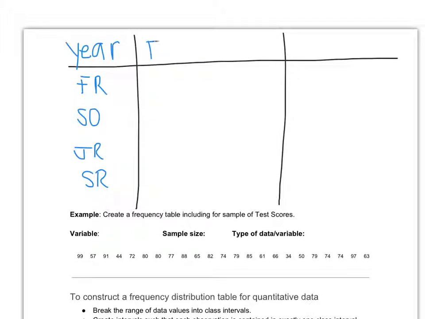And next column is frequency. So we're going to go to the list of data values and count up the number of times each of these values occur. So for freshmen, that occurs 1 time. For sophomore, if we go through those values, count up, we get 6. There's 6 juniors, and there are 7 seniors.